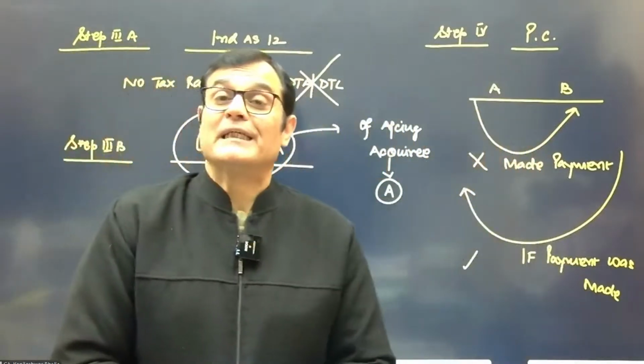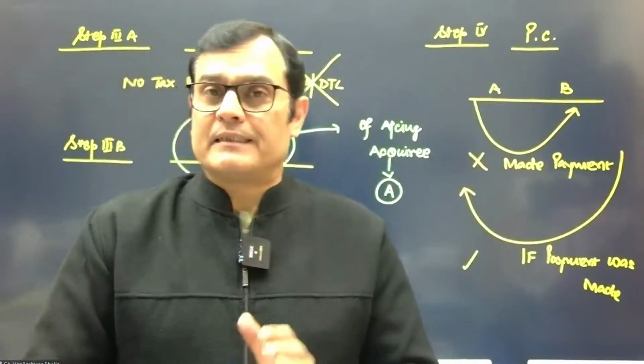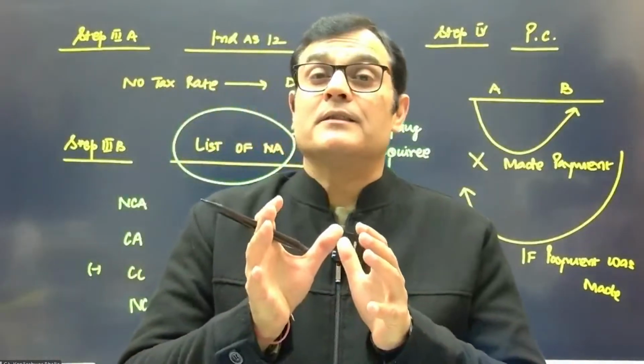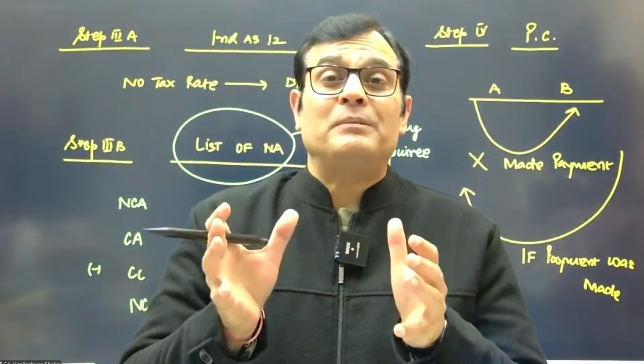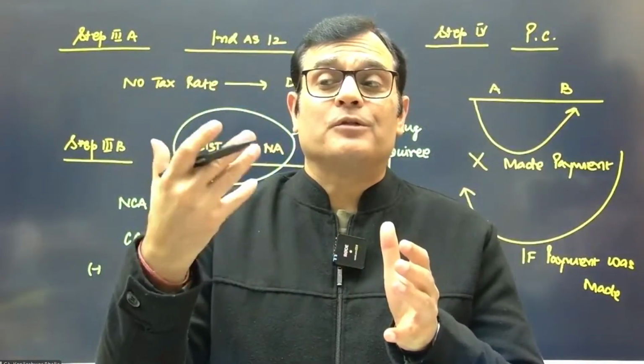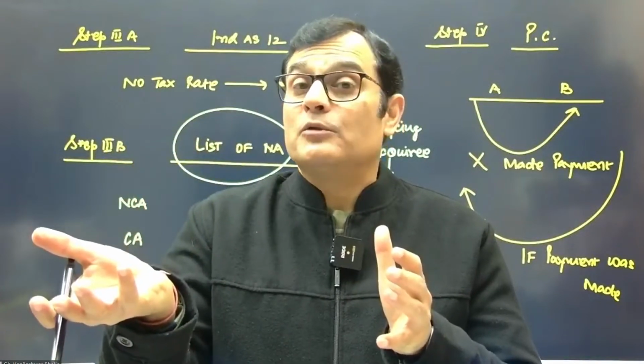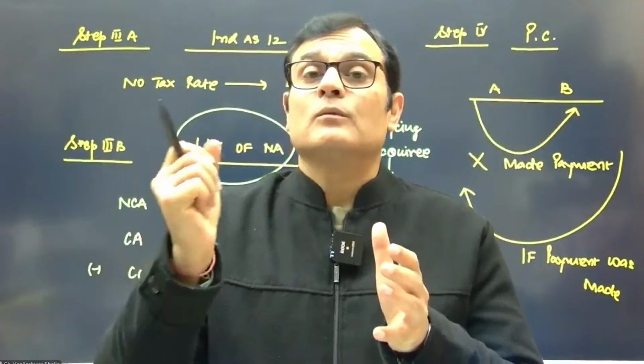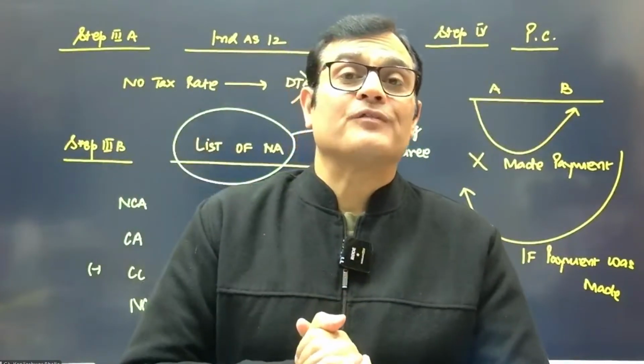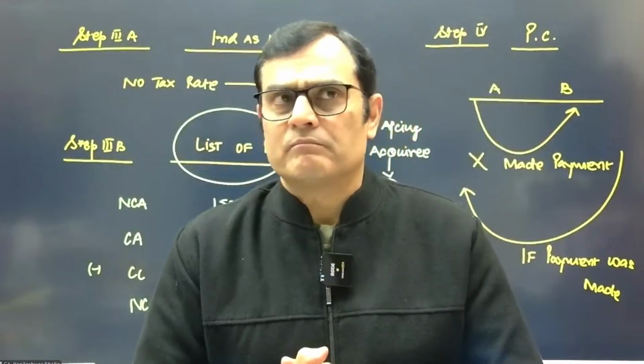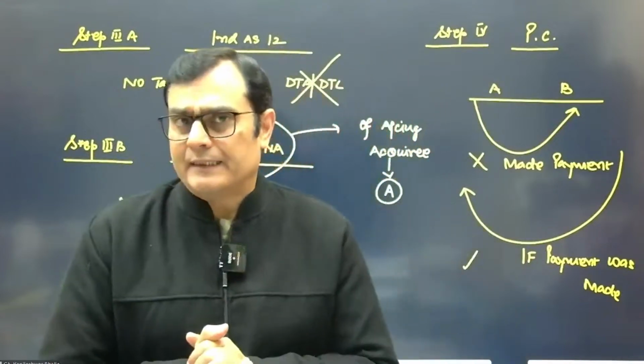So get one thing very clear in the mind. The standard makes it very clear that in terms of reverse acquisition, PC is not what A gave to the shareholders of B. I need to consider that if B would have given the payment to the shareholders of A, what would have been the PC? But how would I calculate that?